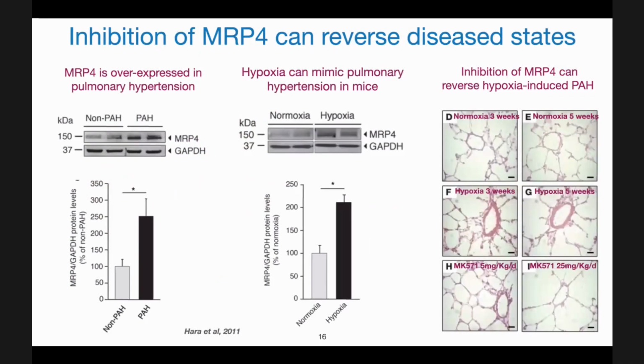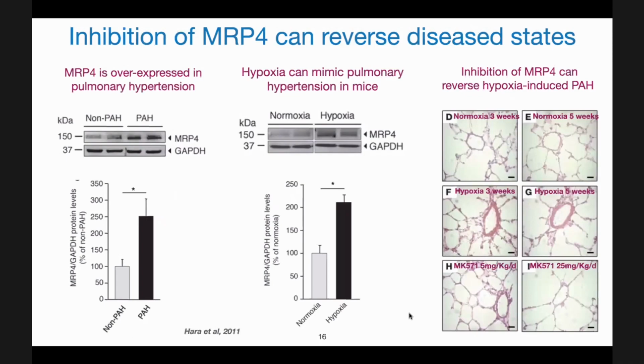And the good thing about this project is that inhibition of MRP4 can actually reverse disease state. Here you can see that MRP4 is usually overexpressed in pulmonary hypertension, and it has been mimicked in the hypoxic state in mouse models of pulmonary hypertension, where you can see a thickening of these layers, the thickening of your veins or arteries, and that thickening can be reversed to normal by just inhibiting MRP4.